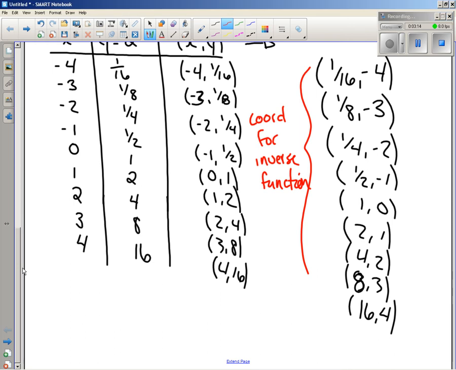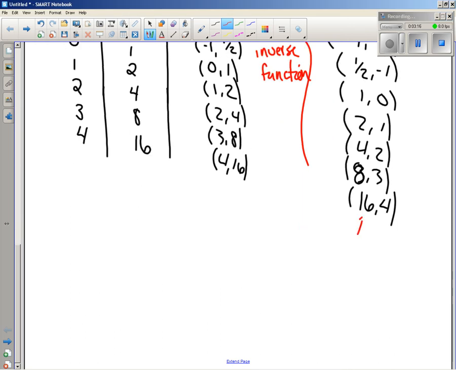And the rules for these have kind of been reversed now. This column is our x, this column is our y, and if we wanted to find a relationship between x and y, we could say that x is 2 to the power y in this case. Because we switched it, it's still going to work for us here.